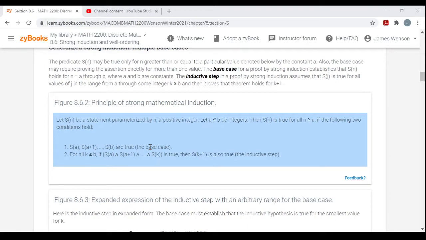So here's your base cases, right? If S is true for n equals a, all the way up to b, and for values of k greater than or equal to b, if the statement's true from a to k, then it's true for k plus 1. If you can show that, then you'll have shown that it's true for all integers greater than or equal to a.